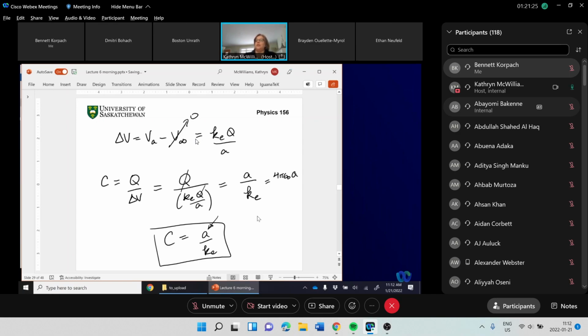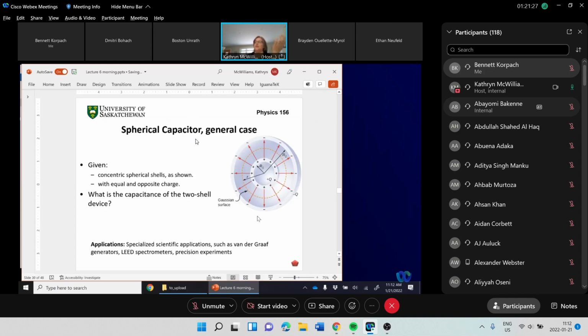So we're going to do the same thing, but with a more physical device that you might actually use. Instead of having the capacitance relative to infinity, we're going to have it relative to a sphere that's just a bit bigger with the opposite charge. Does anyone have an idea how we might do that?